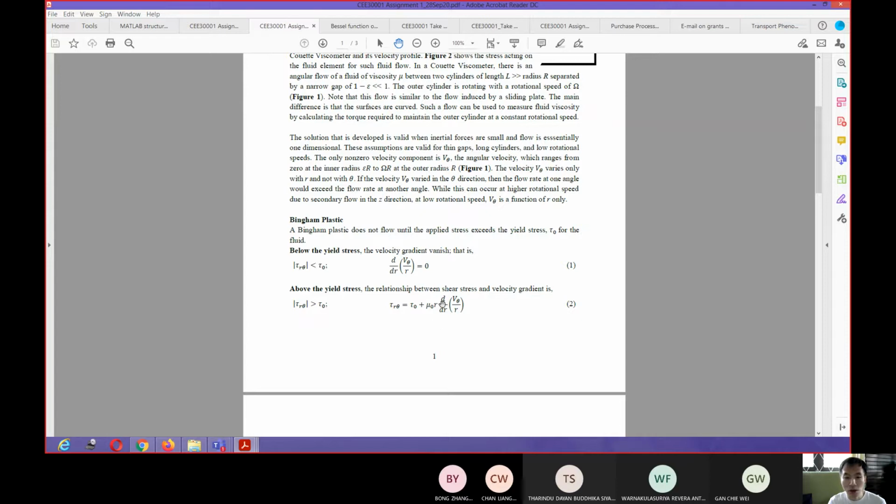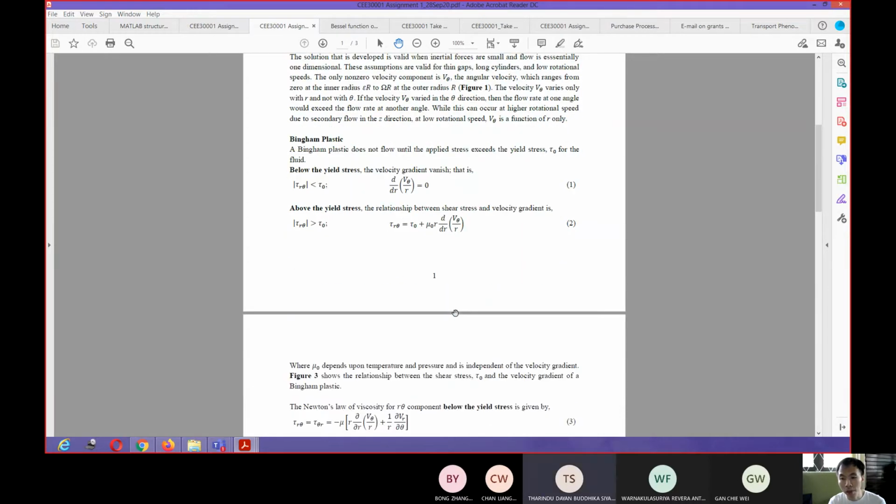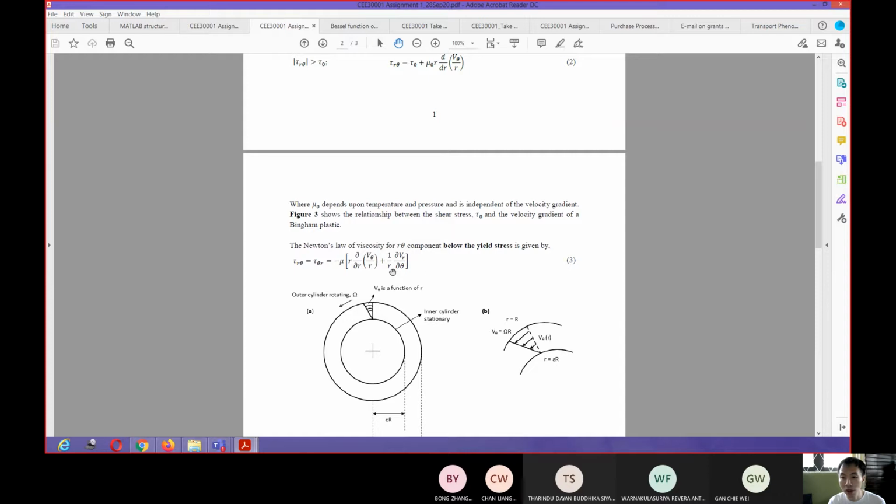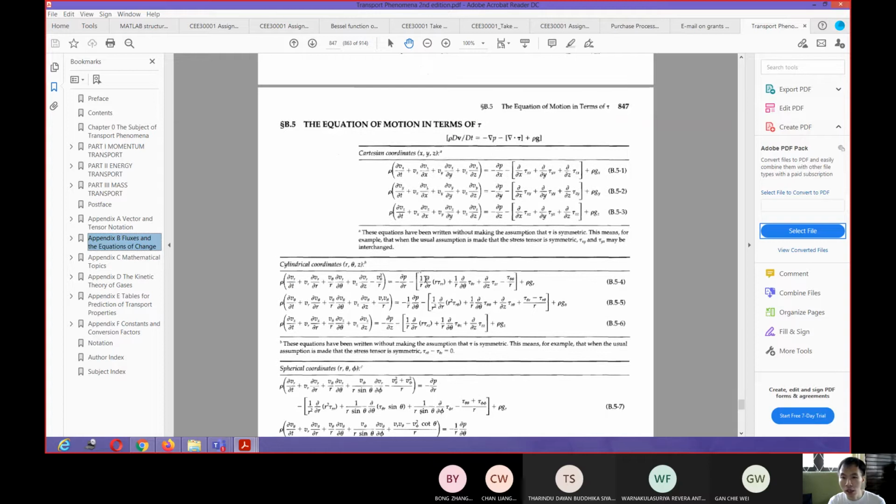It turns out that I made a typo: I forgot to put in r in front of the d over dr of the v theta divided by r. So I revised assignment 1 and gave you an extra problem to solve. On the other hand, Newton's law of viscosity for below the yield stress is given by equation 3. It all comes from the transport phenomena appendix.